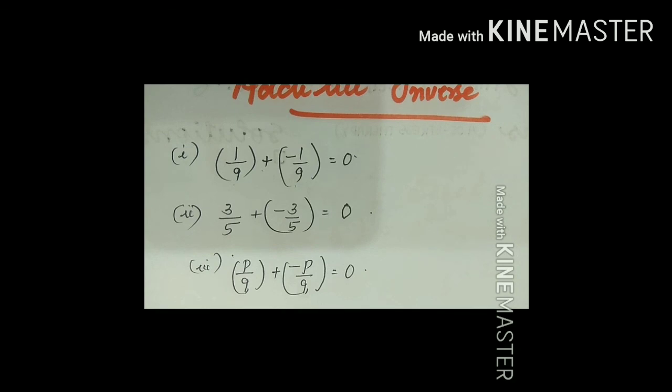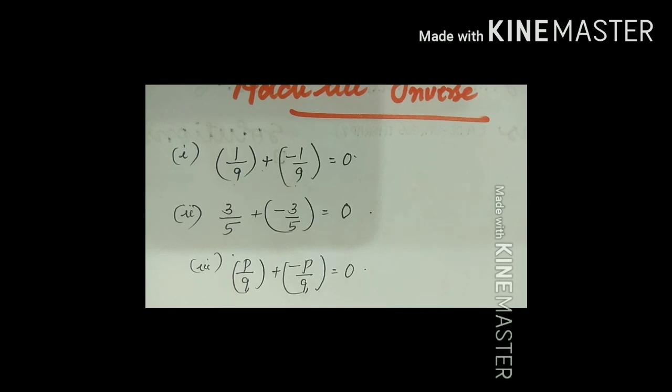Then we have learned the associative property. Associative property means when there are three rational numbers, we can add these three rational numbers in any order. That means you can add the first two, then add the result with the third one. In the same way you can add the first and last, then add the result with the second one, and the result will be the same.